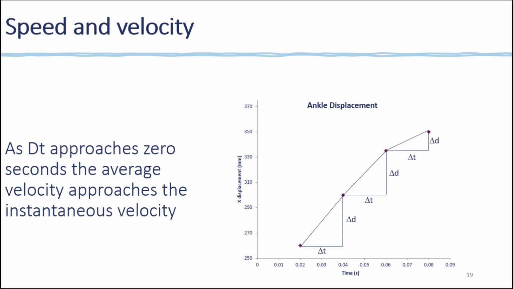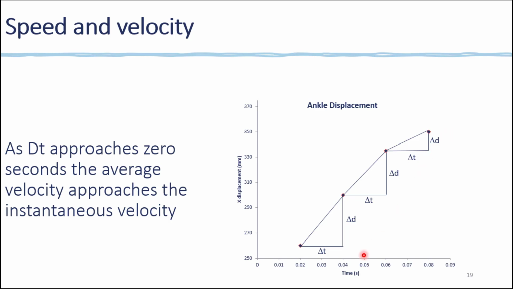So here's a graph showing a calculation of ankle displacement over time. So another way to say that is velocity of the ankle, right? So we have displacement along the y-axis and time along the x-axis. So if you were to calculate the velocity from time 0.02 to time 0.1, that would be an average velocity.